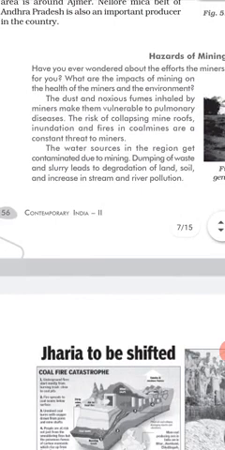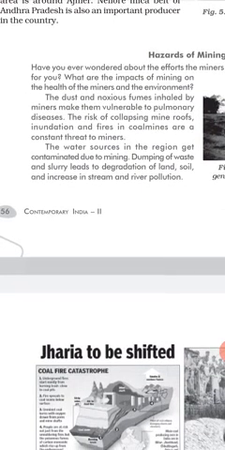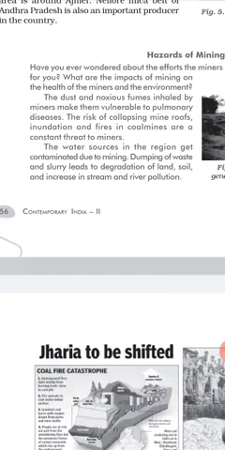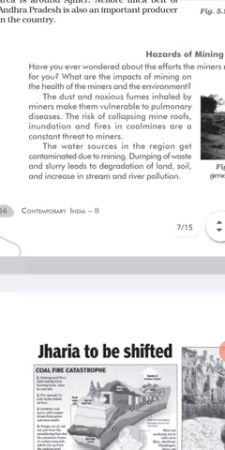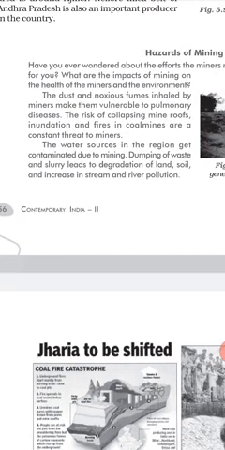Some adverse impact is there on the health of these miners, and moreover on the environment. The first one is the dust and toxic fumes caused by mining, which are inhaled by miners and make them vulnerable to pulmonary disease.